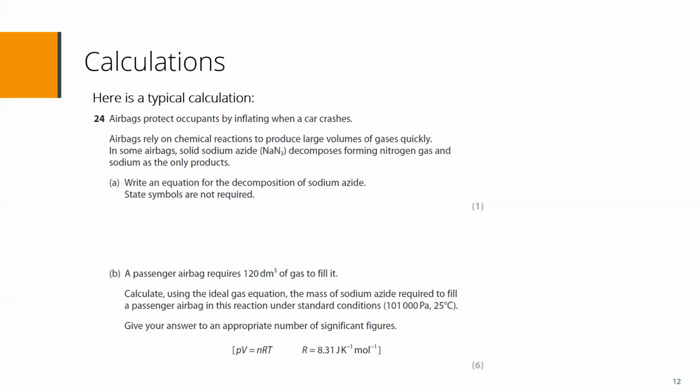Use that molar ratio to work out the number of moles, first of all, of nitrogen, and then relate that to the number of moles of sodium azide needed to give that number of moles of nitrogen and do the calculation. That is a good calculation there, and virtually all calculations will be AO2.